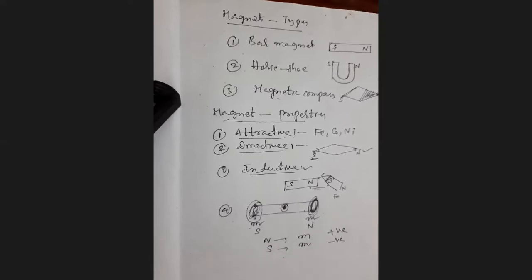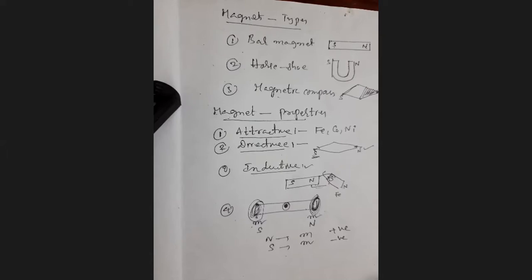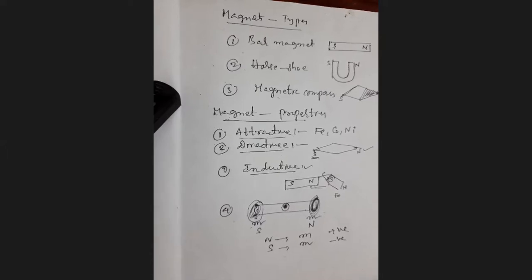This is the general tradition we follow in magnetism. Just like in electrostatics, positive charge is taken as plus and negative charge as minus. Here, north pole strength is considered positive and south pole strength is considered negative.